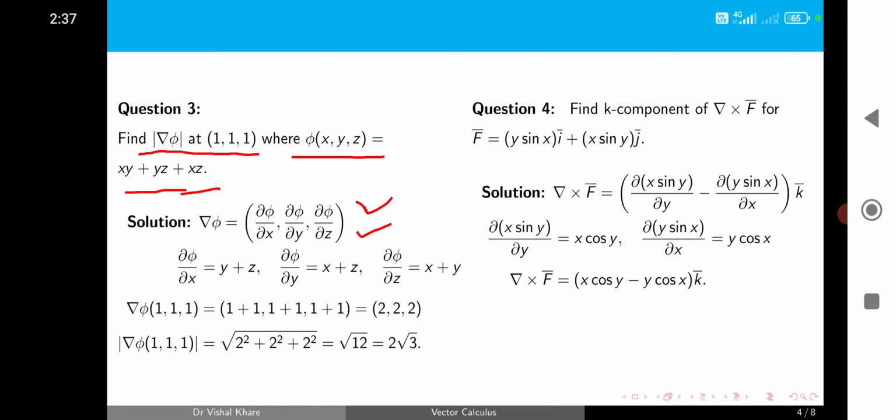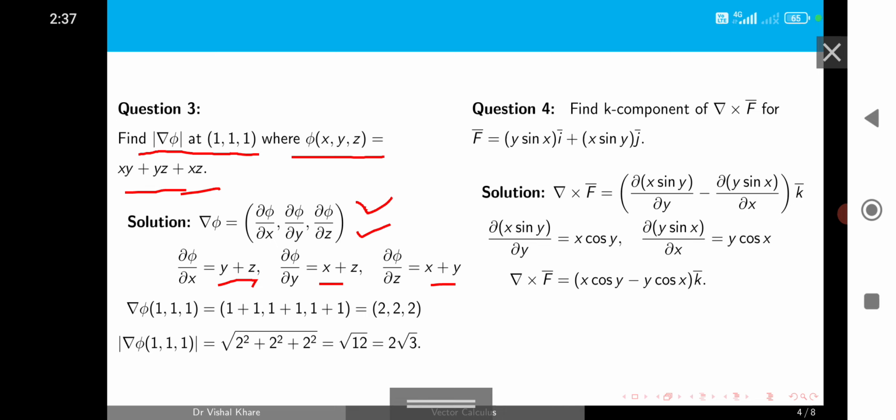In this way we can write, or you can write in the coordinate form also. So del phi by del x is equal to y plus z, and del phi by del y we will get x plus z, and del phi by del z we will get x plus y.